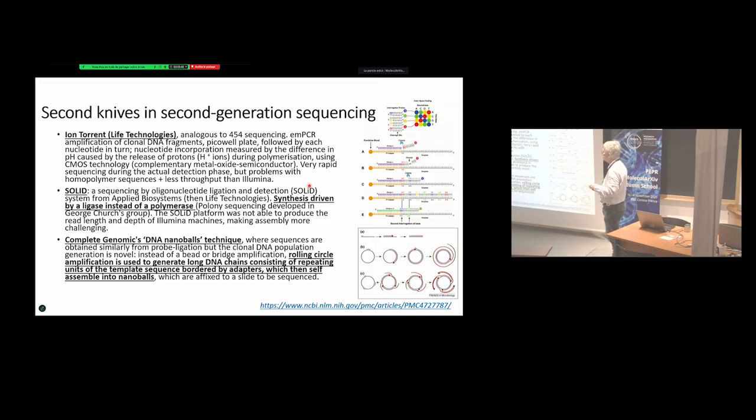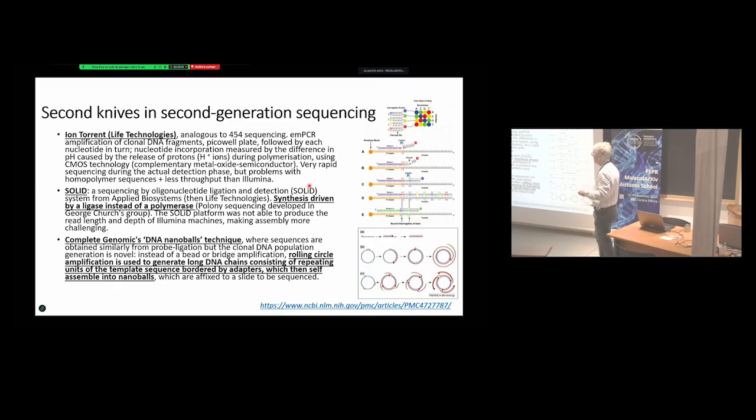And unfortunately, their miniaturization failed because, as I explained yesterday, there was a problem with the pH that diffused very rapidly, and so it was difficult to control the pH gradients around the different spots, and they were never able to reach a similar throughput as the other company.